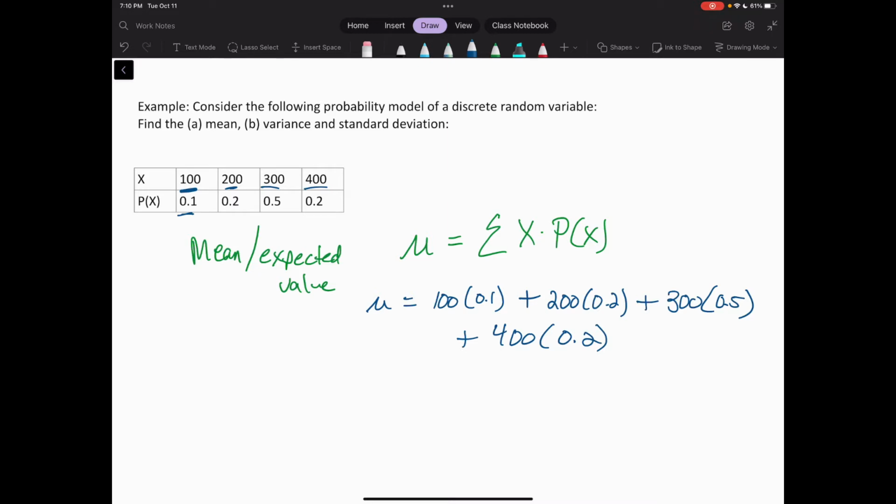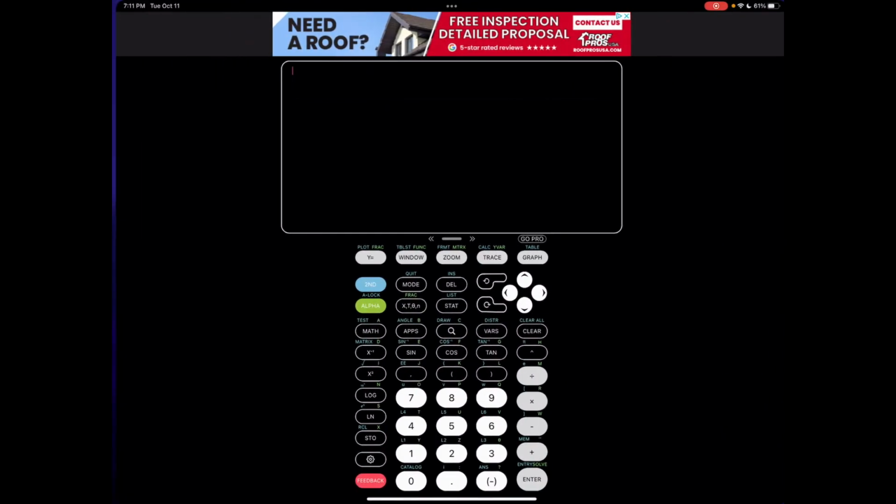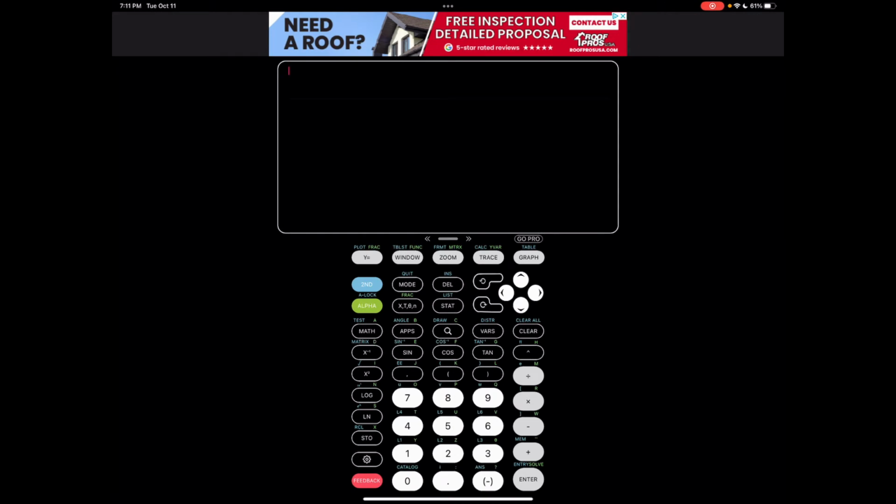All right. Now, let us put all of this into the calculator. So I'm going to come to my calculator, and I'm going to type it in just like we wrote it down.